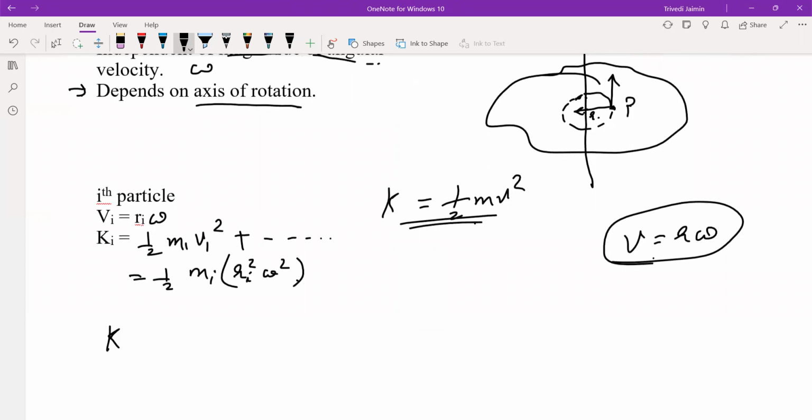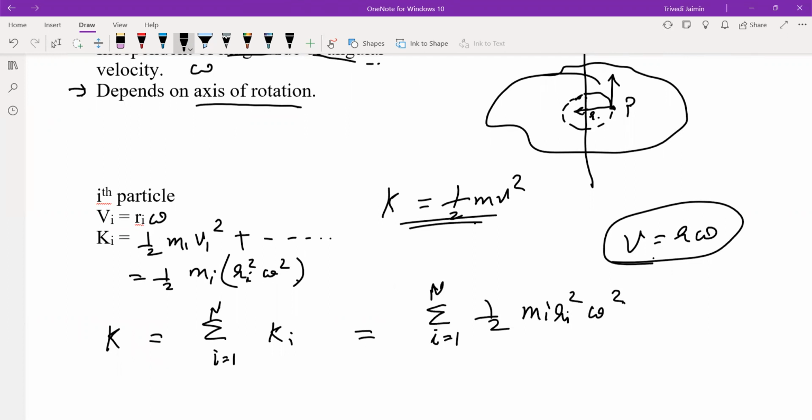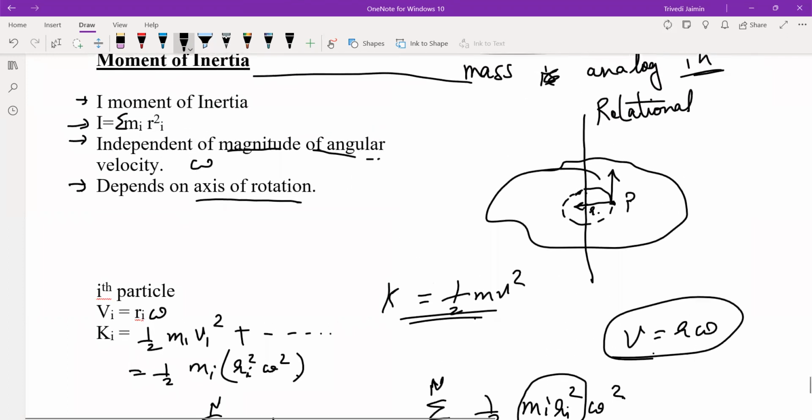Now I can write in summation form: K equals summation of Ki from i equals 1 to n. Now if I substitute this value here, summation from i equals 1 till the nth particle of half mi ri square omega square. Now as we know, mi ri square is equal to what?